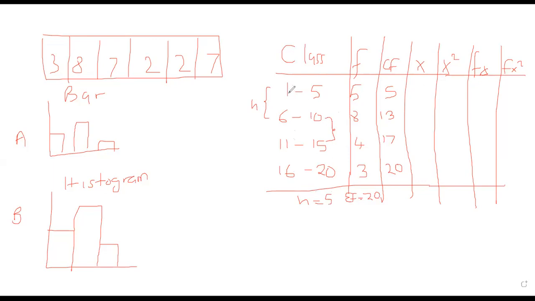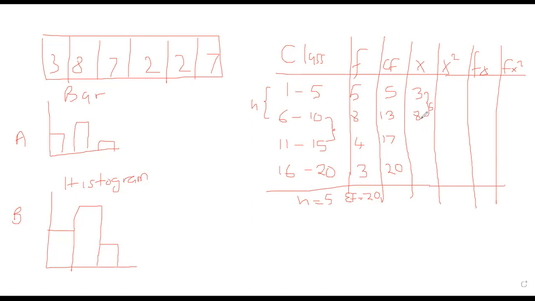To get the midpoint, we will add the lower and the upper boundary. So 1 plus 5, 6 divided by 2 is 3. 6 plus 10, 16 divided by 2 is 8. Note that even here there is a common height of what? 5. So ideally, if you want to simplify, just keep adding a 5 throughout.